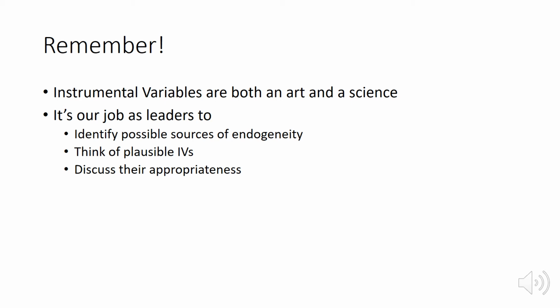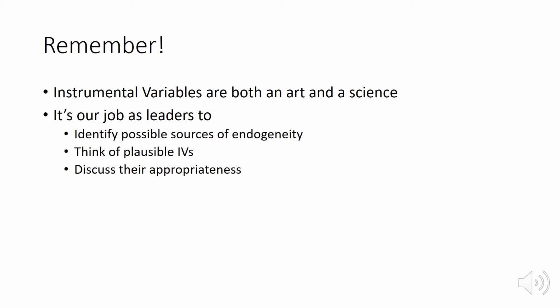But it's important to remember that instrumental variables are both an art and a science. We talked about this a little bit on Monday. We're not going into the math behind it. We're not deriving any estimator functions. We're just thinking critically about why these instruments might be strong and why they might be exclusive. This is a leadership class. It's our job as leaders to think about cause and effect.